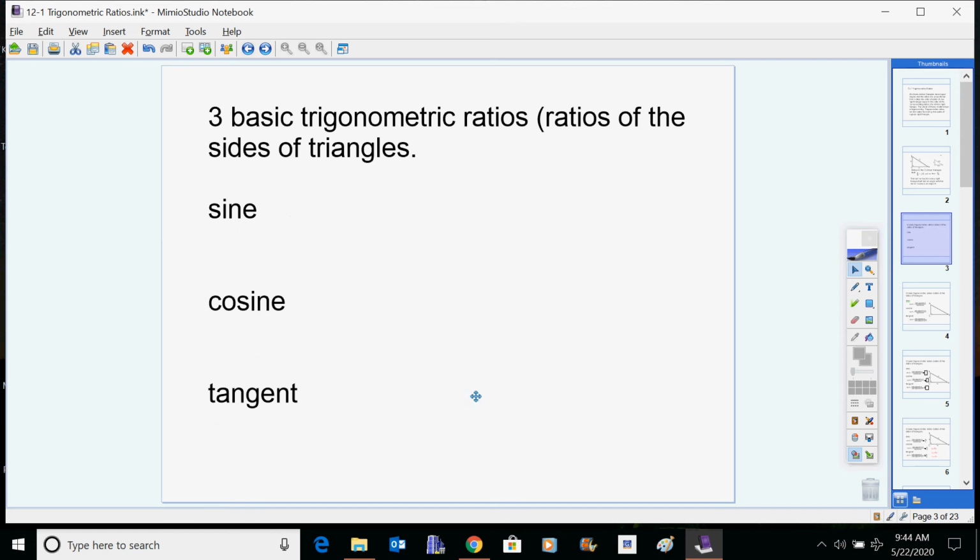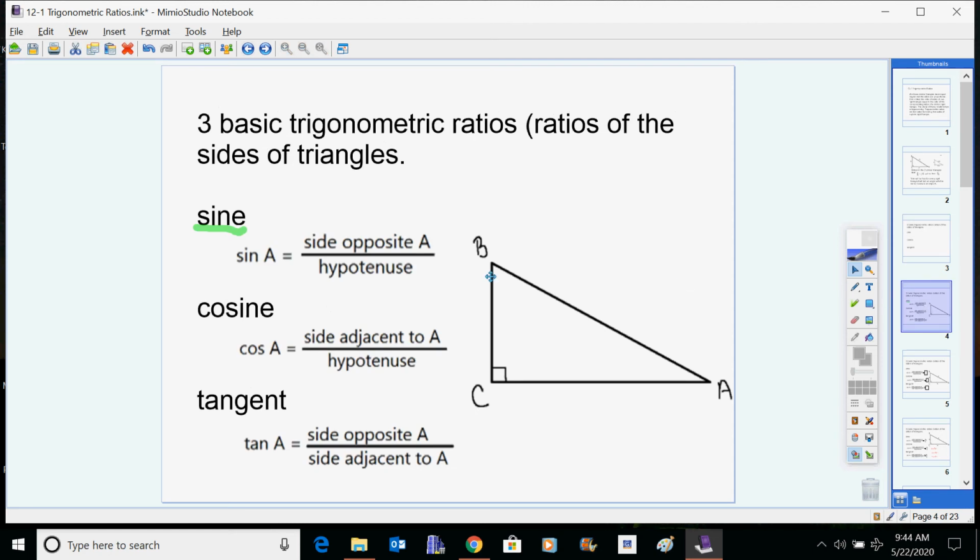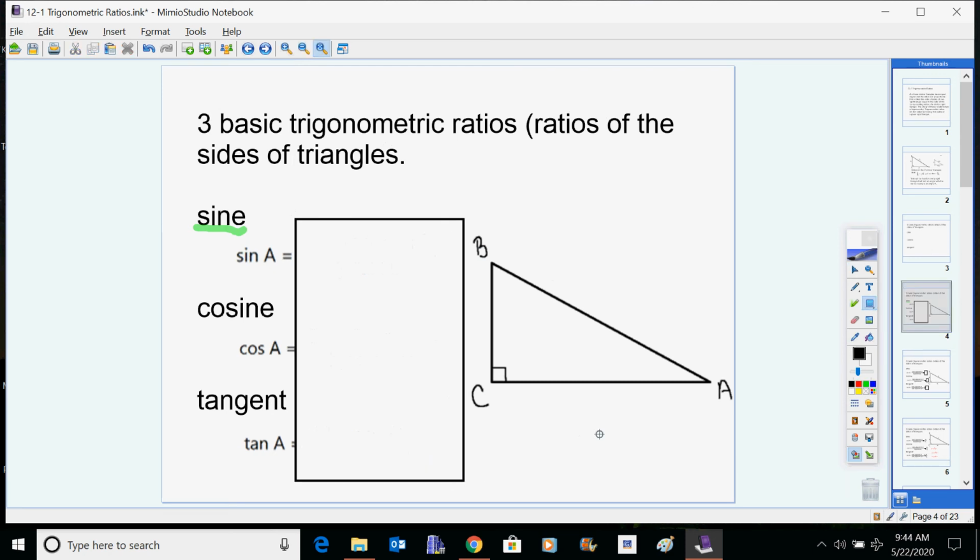Some of you may have noticed on a calculator that there are words on there that represent the three basic trigonometric ratios, and those look like sin and cos and tan. Now we are not using the calculator today, okay? We are not using the calculator today.